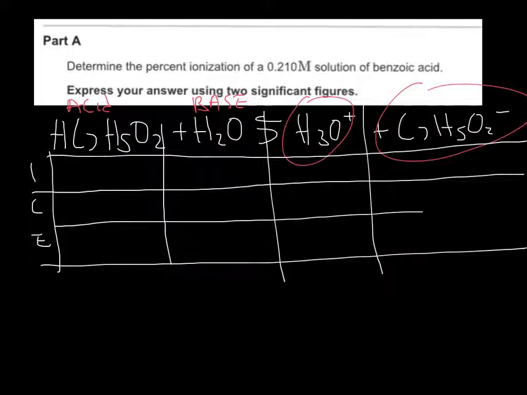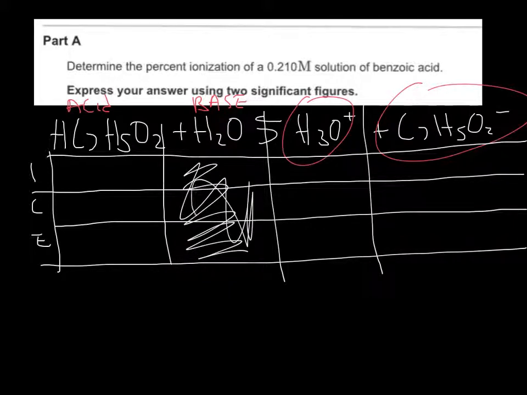H2O is a liquid, so we can just cancel that out for now so we don't get confused. We write in the given point, 0.210, 0, and 0. Since it's going to the right, or forward reaction, this loses concentration, so we get 0.210 minus x. This gains concentration, plus x, plus x.